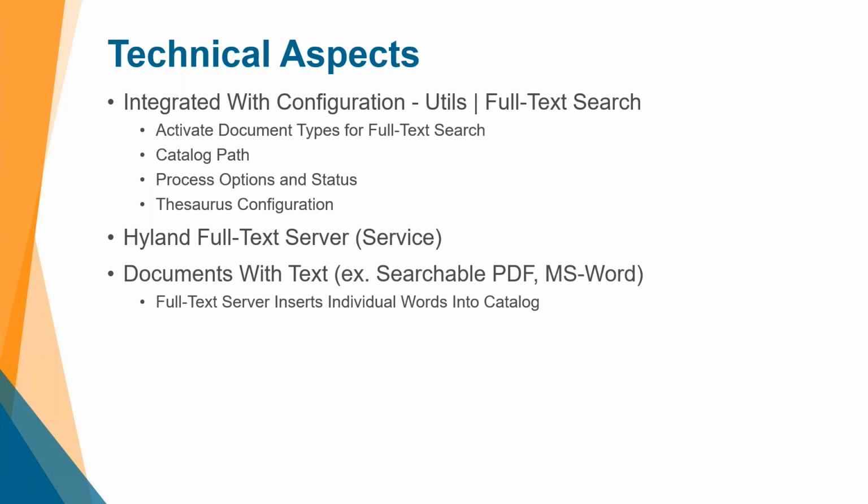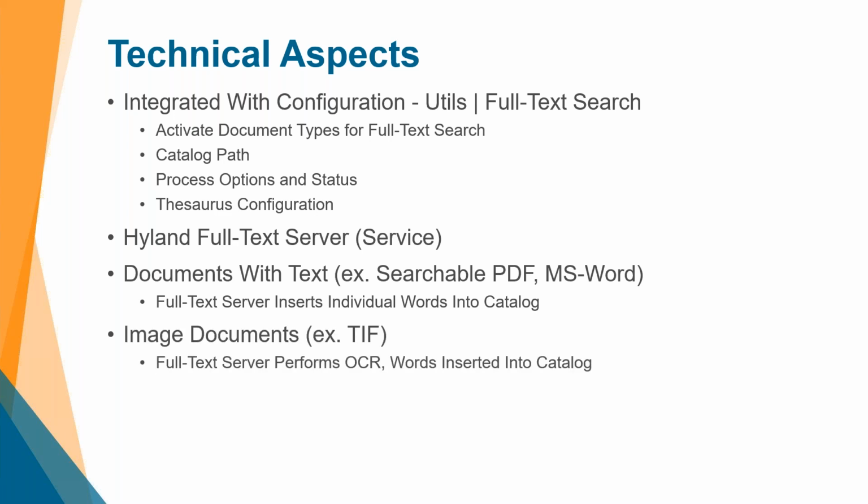So when you have documents that are coming into the system that have text already associated with them, think searchable PDFs, Word documents, Excel spreadsheets, other things like that, really the full text server is just taking that file, reading the words and inserting them into the catalog. Very quick to do something like that. And that all happens 100% behind the scenes. The user doesn't even know that this is happening as new documents are being archived into the system.